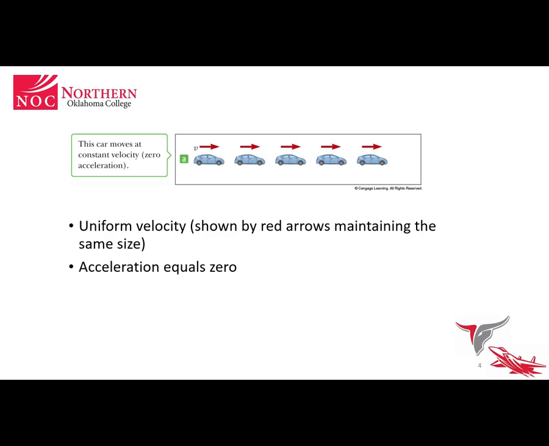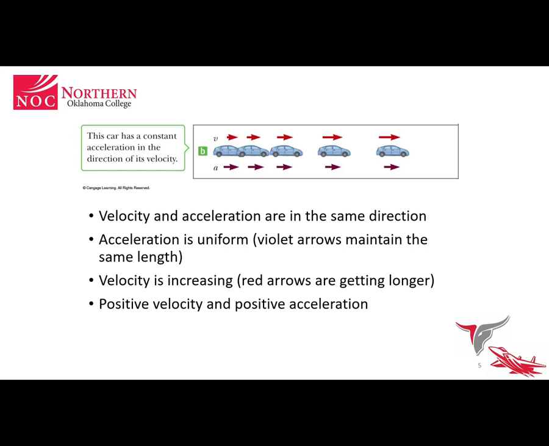Because when we start dealing with circular motion, I could be traveling at the exact same speed, but because I'm constantly changing direction, I also have the potential for an acceleration. But in one-dimensional motion, my velocity is constant, so my acceleration is going to be 0. My final velocity is equal to my initial velocity. My final velocity minus my initial velocity is now 0. I have no acceleration.